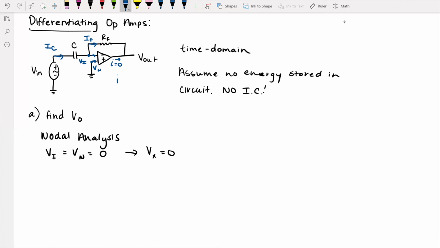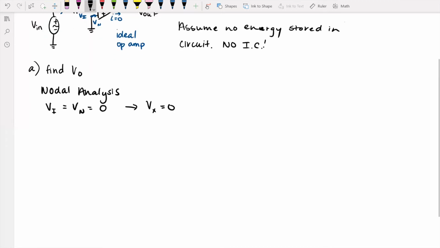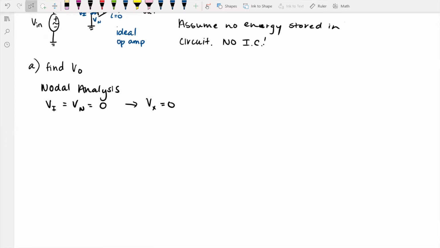And this is for an ideal op amp. So with this, we just simply solve as we would any other op amp problem. So here, we know IC.